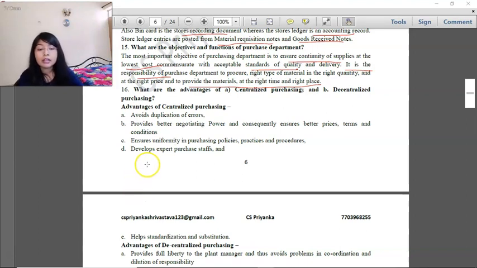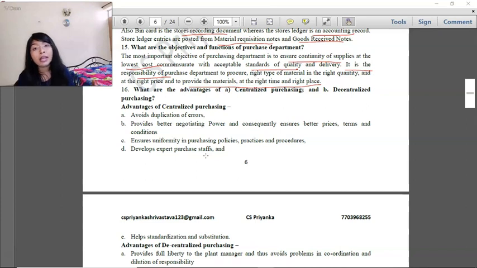Then the next is that it ensures uniformity in purchasing policies, practices, and procedures. If the same person is doing the same thing all the time, then obviously they'll be following the norms made by the organization with respect to purchasing policies, practices, and procedures.